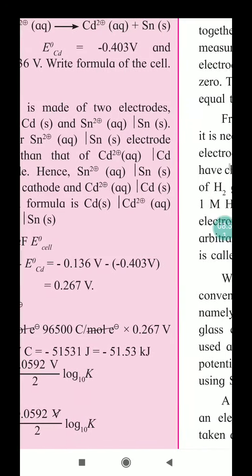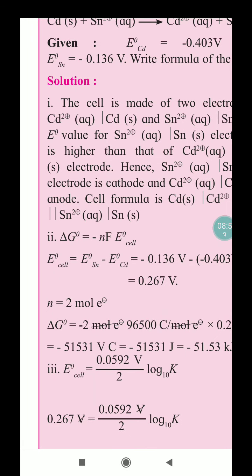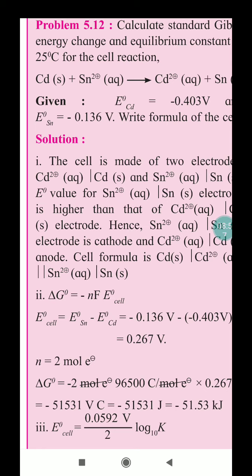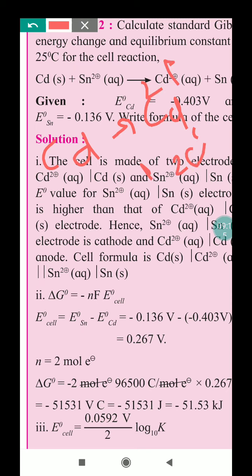Now in the cell reaction, Cd giving Cd dipositive and Sn dipositive giving Sn, we need the number of electrons. For Cd giving Cd dipositive, there are 2 electrons.